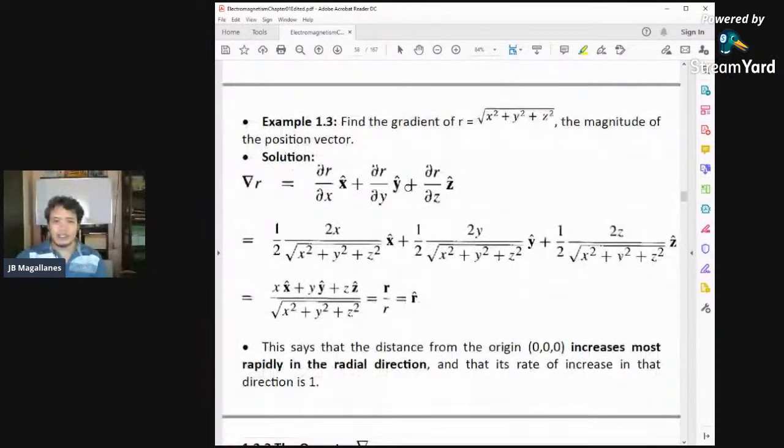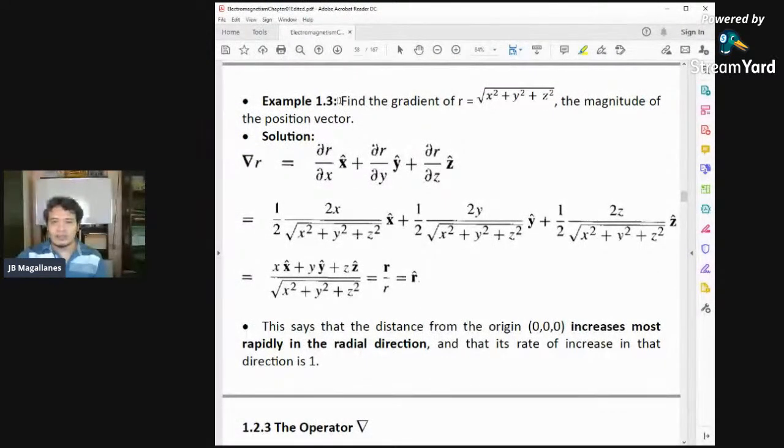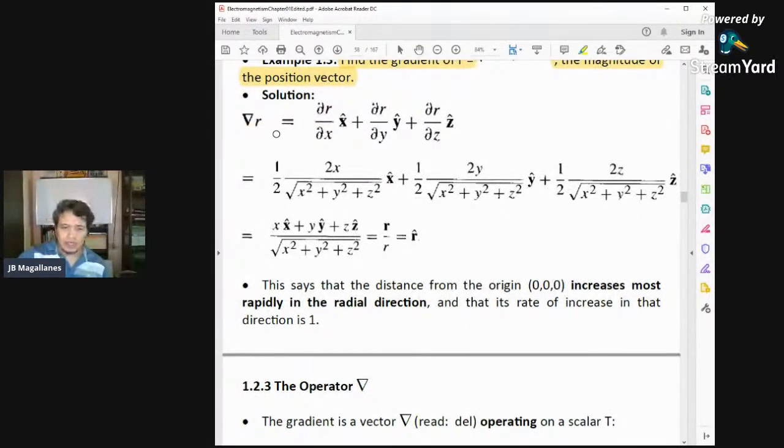So here's an example. Find the gradient of r, which is the magnitude of the position vector. Find the gradient of r given by this equation. So the gradient of r will just use the formula here.